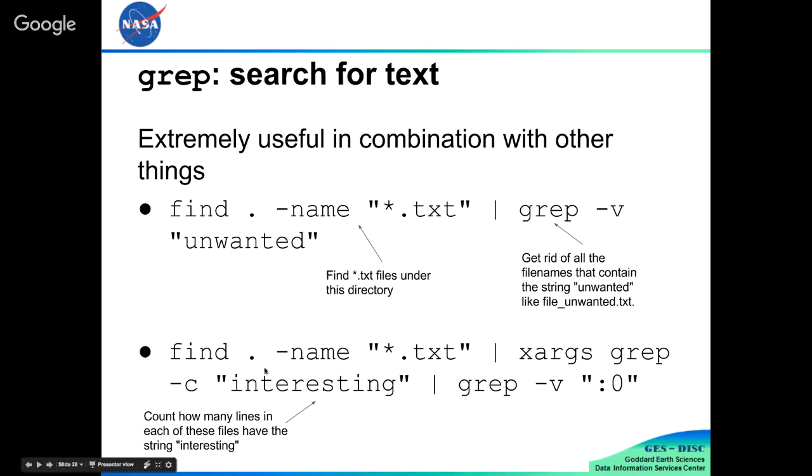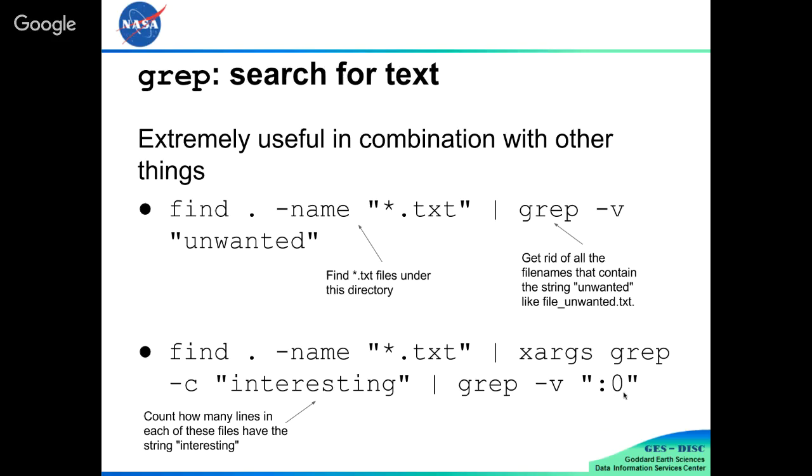And then I'm telling it to count how many lines in these files have the word interesting in them. And then this grep -v :0 just says filter out all the ones that don't have the line interesting in them. So this will give me a list of the files that have the word interesting in them.